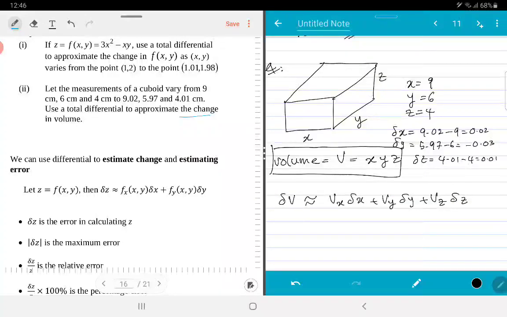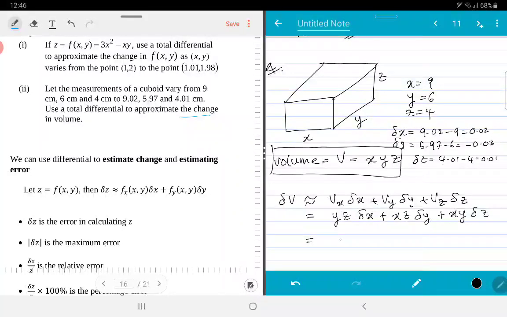For partial v partial x, differentiate v with respect to x, that will give us yz times delta x. The second term, partial v partial y, gives us xz delta y. And the third is xy delta z. Now replace x, y, and z with 9, 6, and 4.